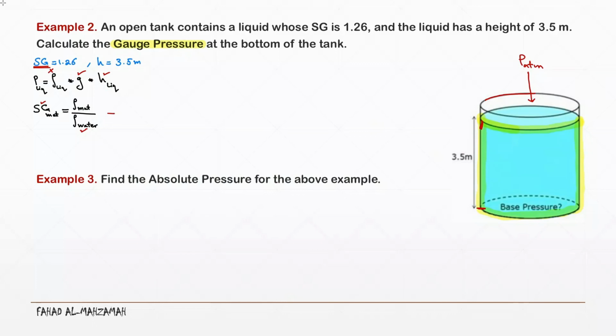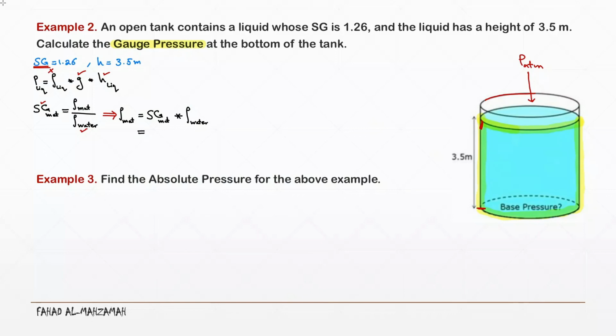Therefore the rho of the liquid, which is rho of material here, is equal to the SG of the material multiplied by the rho of water. Now let's substitute the value.